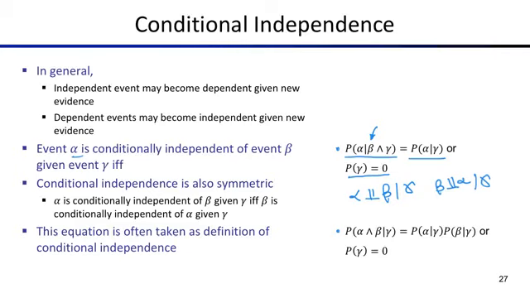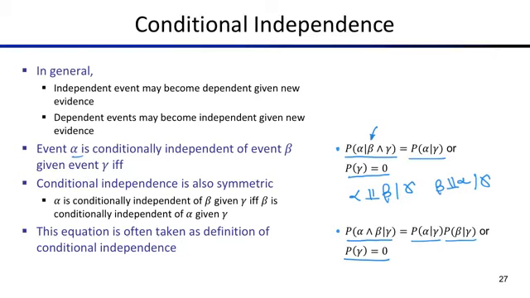So here we say that alpha and beta are conditionally independent of each other given gamma if the probability of alpha and beta given gamma is equal to the probability of alpha given gamma times the probability of beta given gamma. It's very similar to the definition of independence that we saw before, but now both events are conditioned on gamma, where the probability of gamma is not equal to 0.